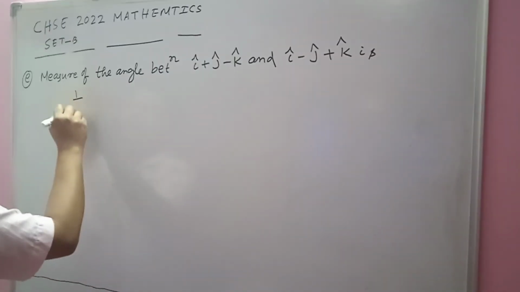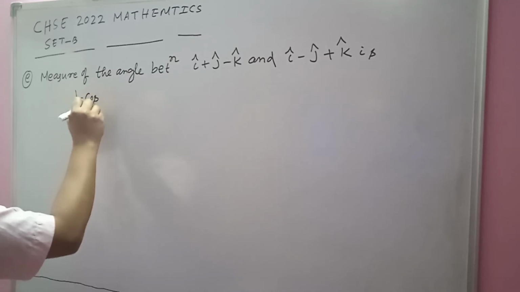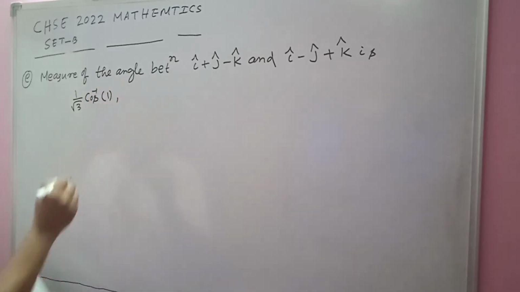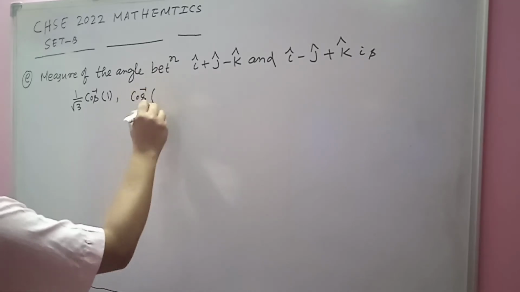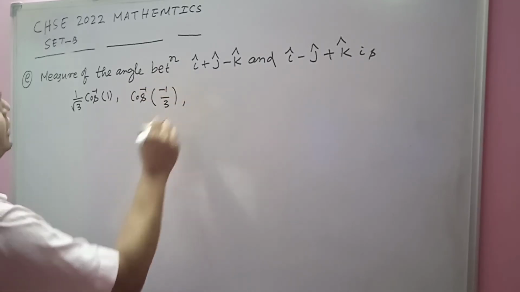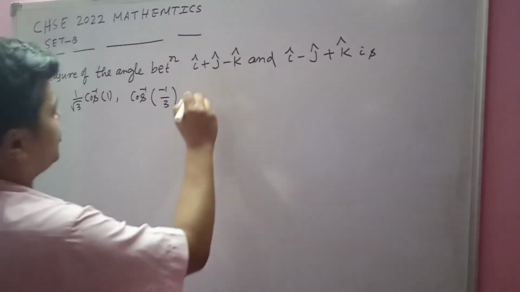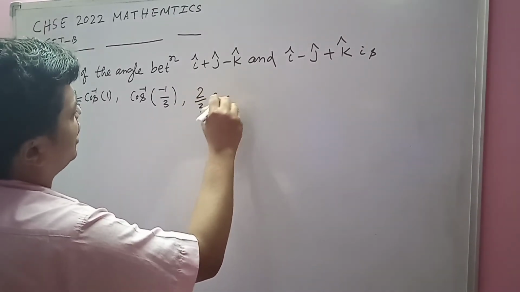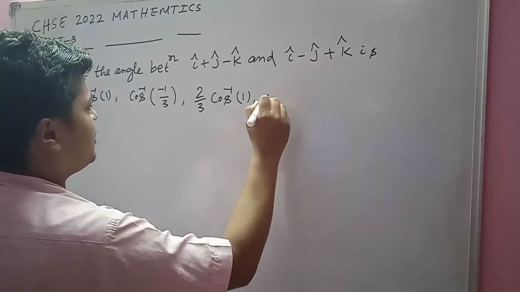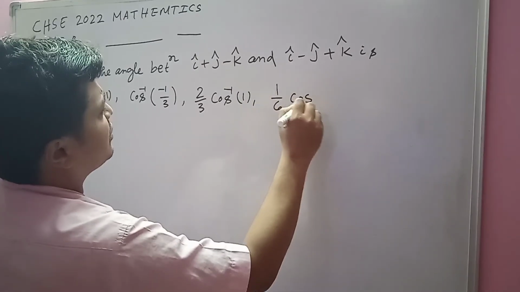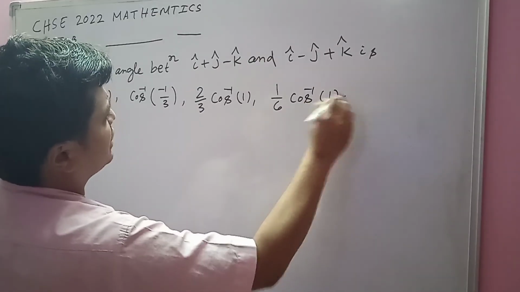Options are 1 by root 3, cos inverse 1, cos inverse minus 1 by 3, 2 by 3 cos inverse 1 and 1 by 6 cos inverse 1.